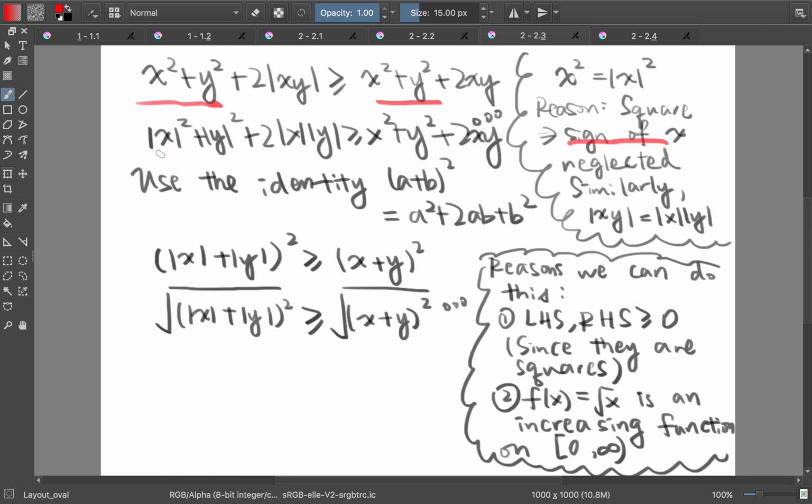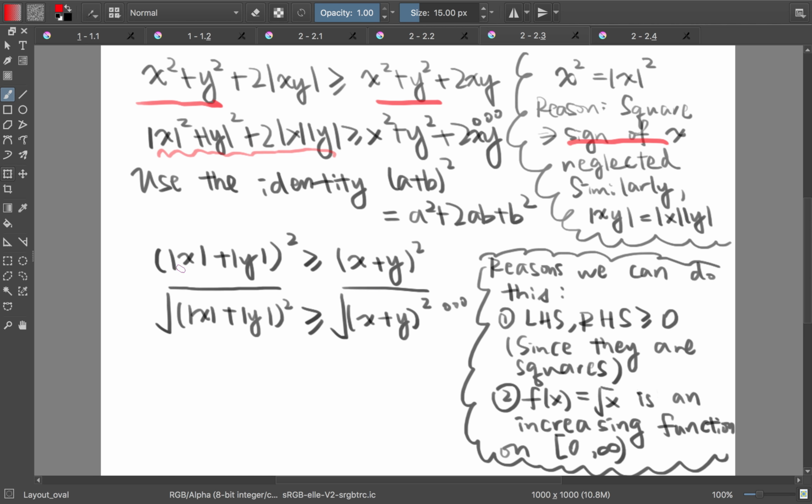And so, we obtain the left-hand side, and the right-hand side remains intact. And using the identity a plus b squared equals a squared plus 2ab plus b squared, we see that the left-hand side becomes the absolute value of x plus the absolute value of y, squared, greater than or equal to x plus y, squared.